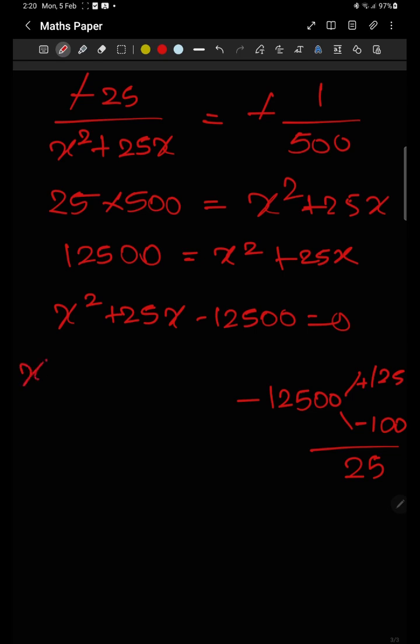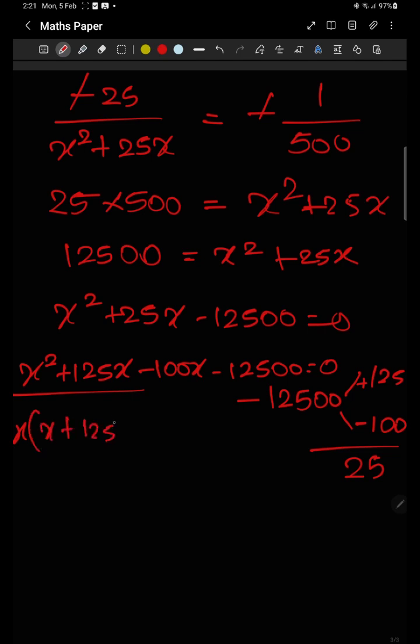Okay, so x square plus 125x minus 100x minus 12,500 is equal to 0. Here I'm taking x common: x plus 125 minus 100. If I take common, then x plus, because I already took minus as common, 125 equals to 0.